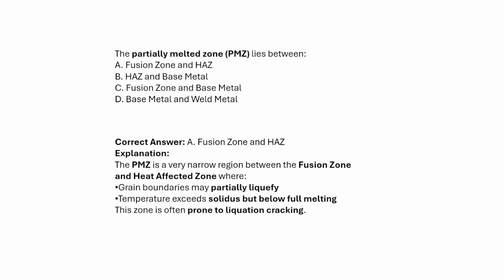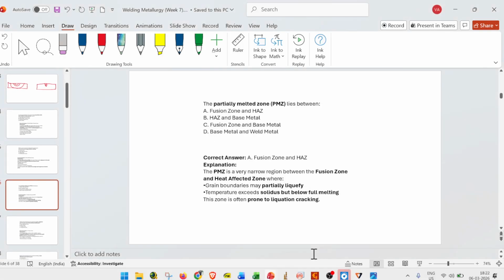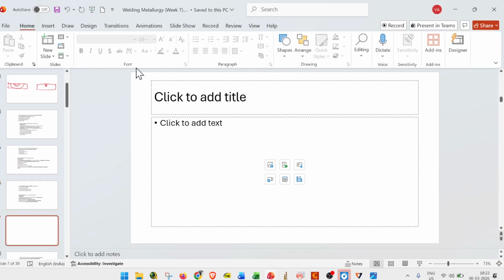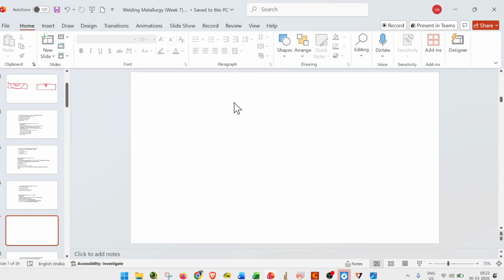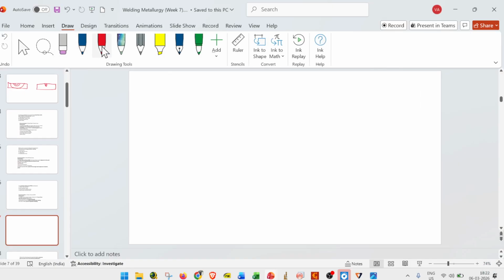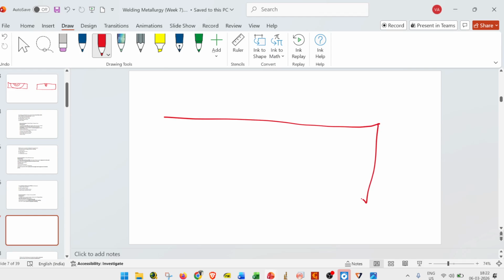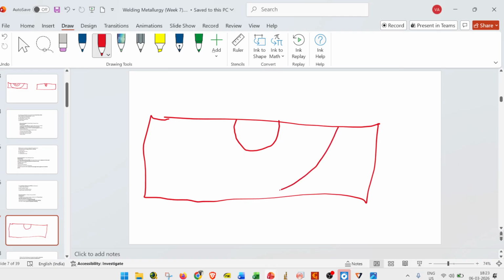Next, where does the partially melt zone, PMZ, lie? If we see, this is our workpiece, this is the fusion zone, and this is the heat affected zone.